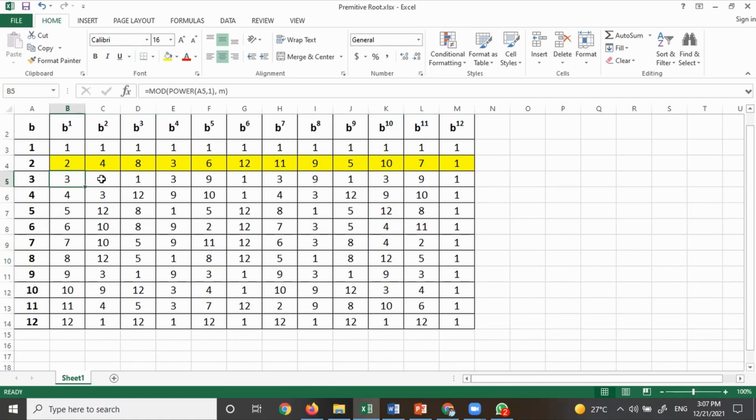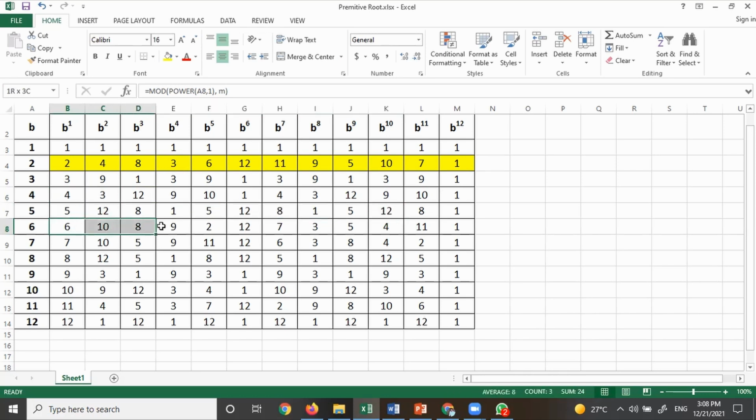For 3, the series is getting repeated here: 3, 9, 1, 3, 9, 1, and so on. For 4, it is getting repeated: 4, 3, 12, 9, 10, 1, 4, 3, 12, 9, 10, 1. Right, the values are getting repeated. For 5, also it is getting repeated.